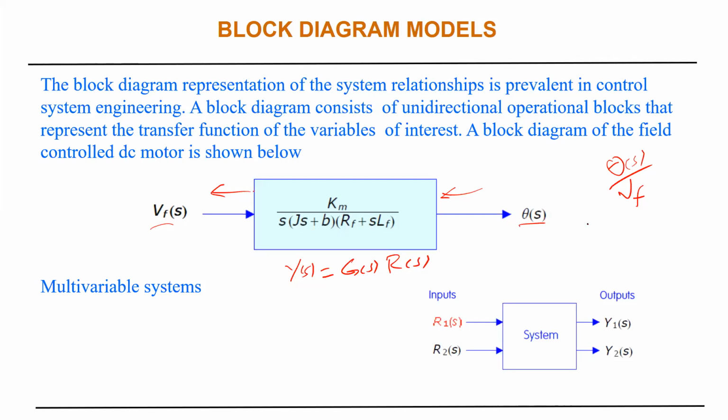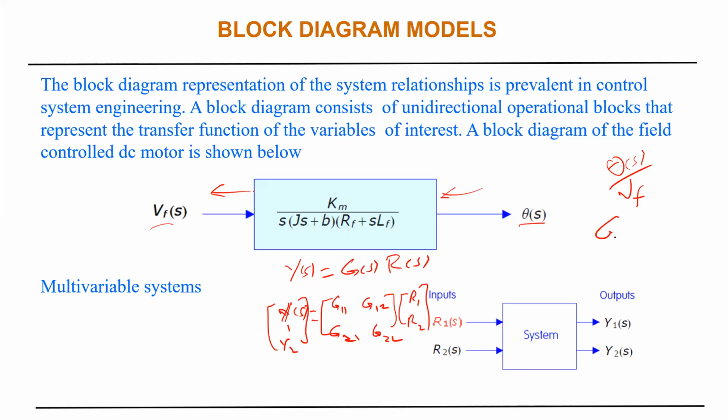The way I define it, I can write Y of s, let's say Y1, Y2, equal to G11, G12, G21, G22 times R1 and R2.